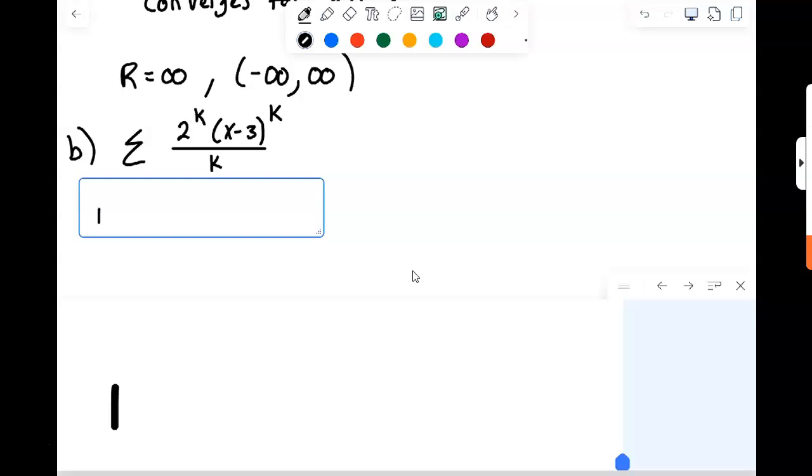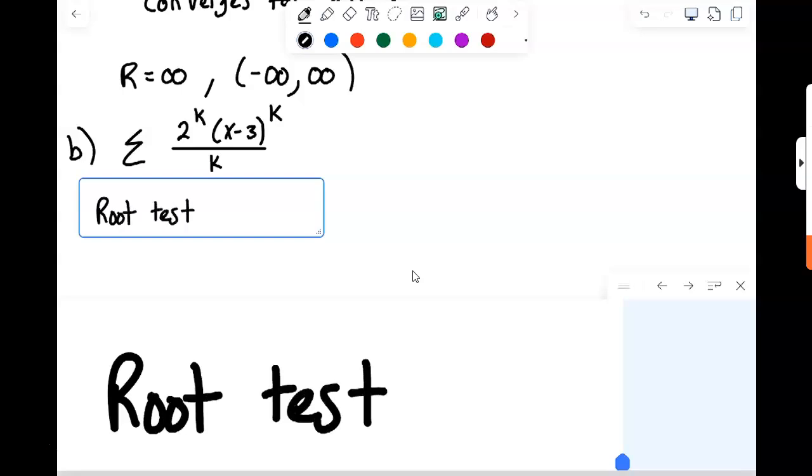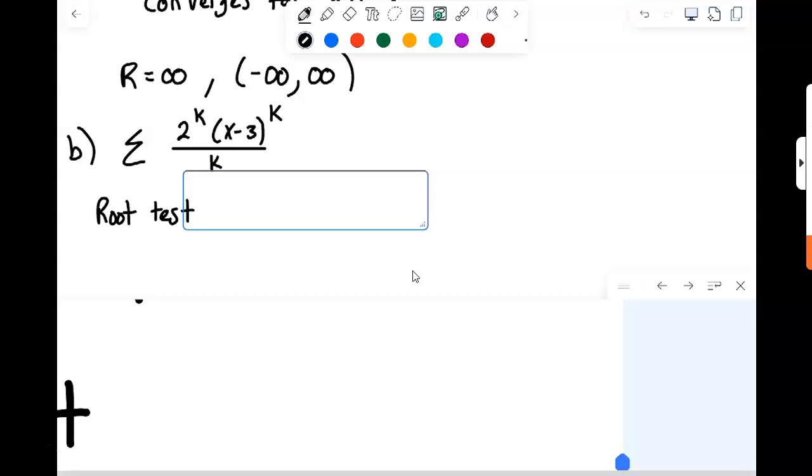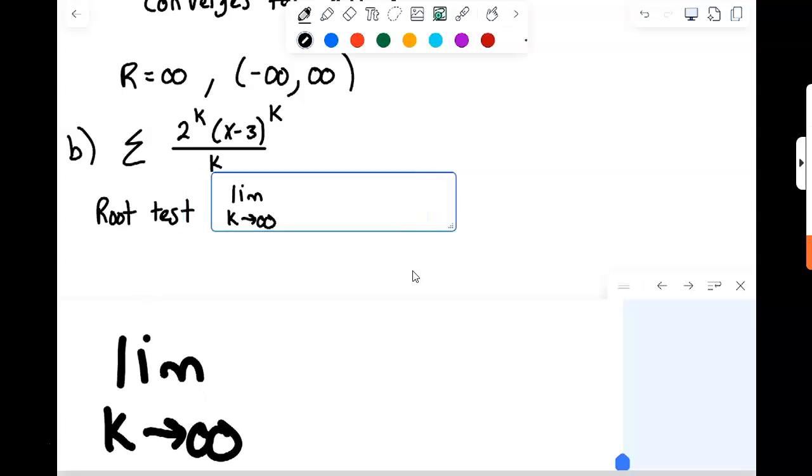So the root test, remember, what we do is we're going to look at the limit as k goes to infinity of the kth root of the absolute value of all this stuff.